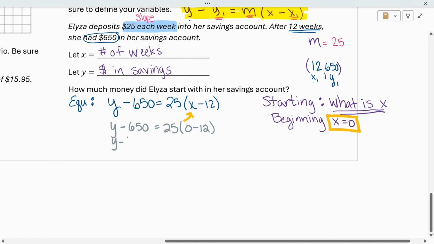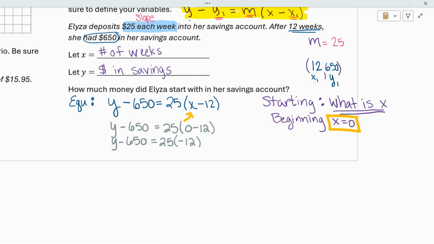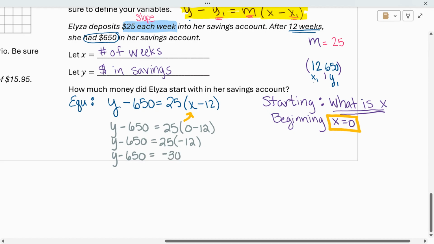So y minus 650 equals 25 times negative 12. What is 25 times negative 12? You all have calculators sitting on your desk. Shouldn't just be one person using it. Owen, negative 300. So y minus 650 equals negative 300.